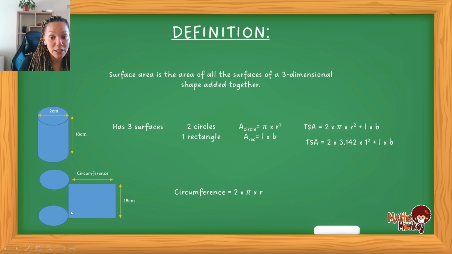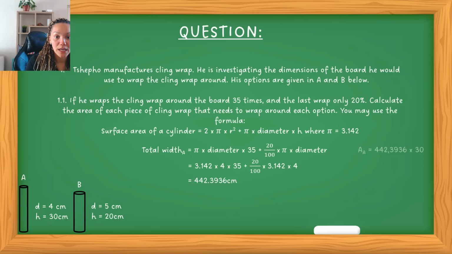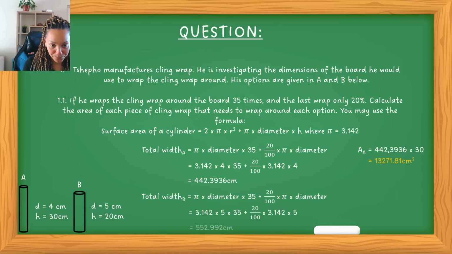This question is only interested in the surface area of this section here. It's not putting any cling wrap around the top parts, the circles. So that's what I mentioned at the beginning, where they can leave some surfaces out of a shape and you have to know where to take it off in your actual formula. Okay, let's go to the next question.